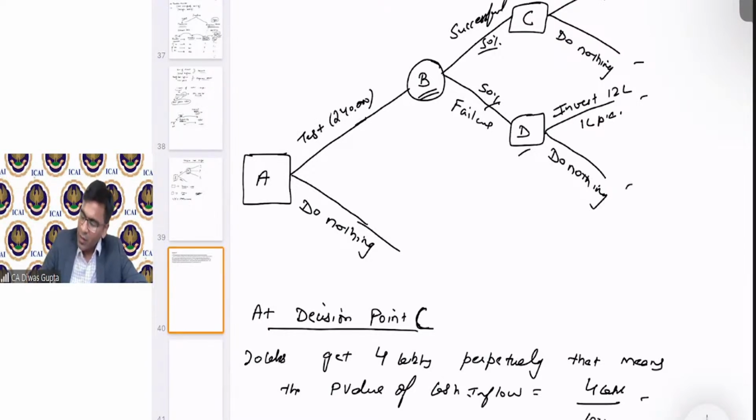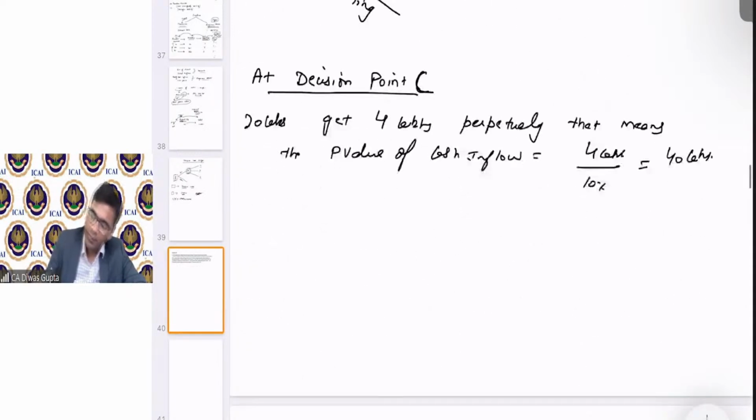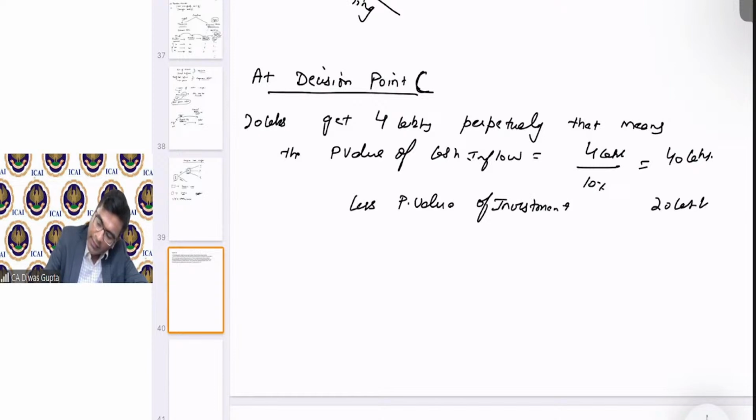Correct? 10% is the discount rate. So if I'm getting 4 lakhs perpetually, I will divide by 10% to arrive at the present value of cash inflows, which will be 40 lakhs. Less present value of investment, which is the cash outflow, which is 20 lakhs. Net I'm getting 20 lakhs.